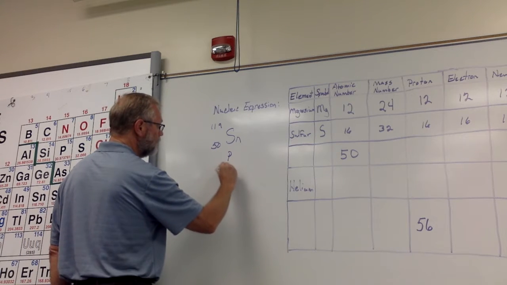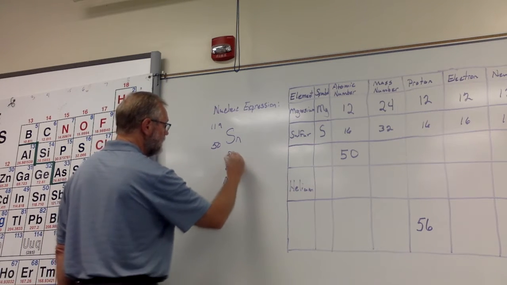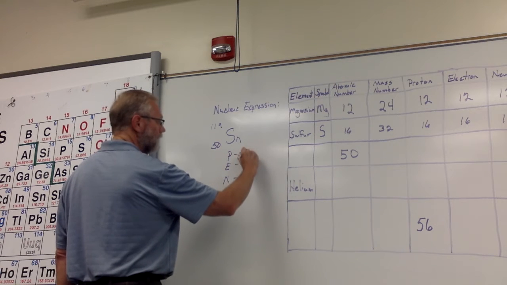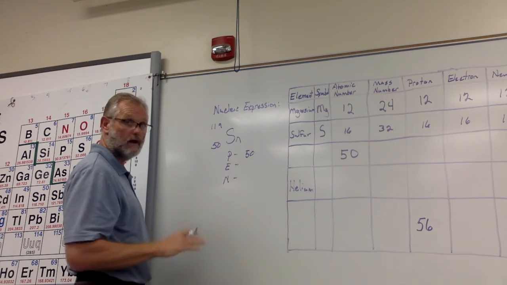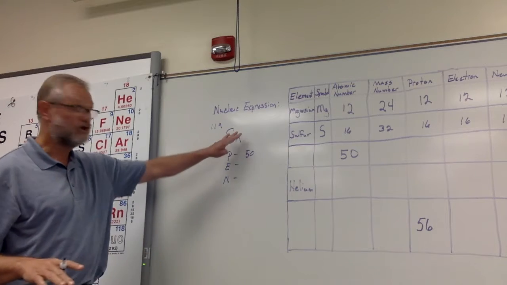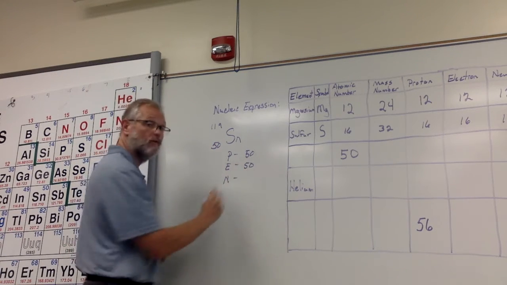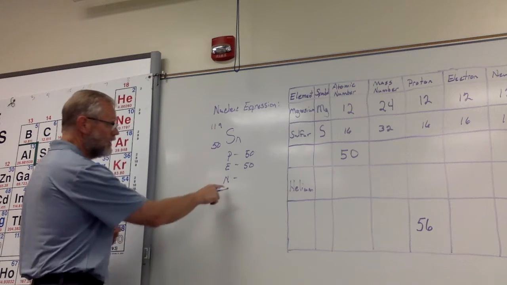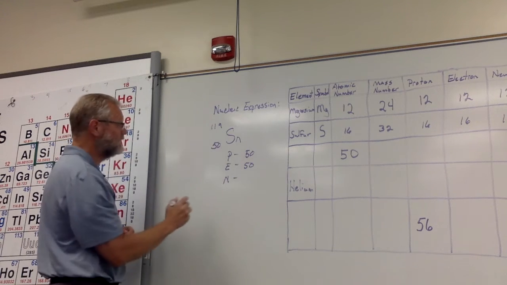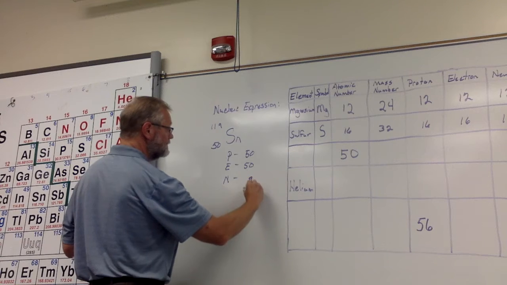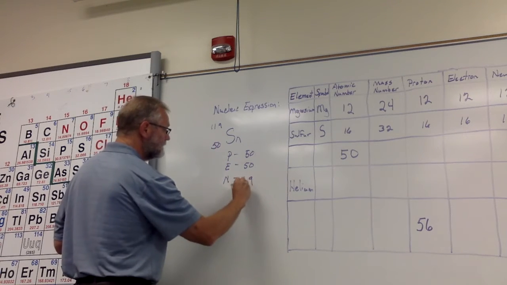This time, when I do the proton number, I end up with protons 50. In today's class, we're not going to deal with any charges, so the protons and electrons are always going to be equal. That way they balance each other out. The neutrons is going to be 119 minus 50, which is 69.